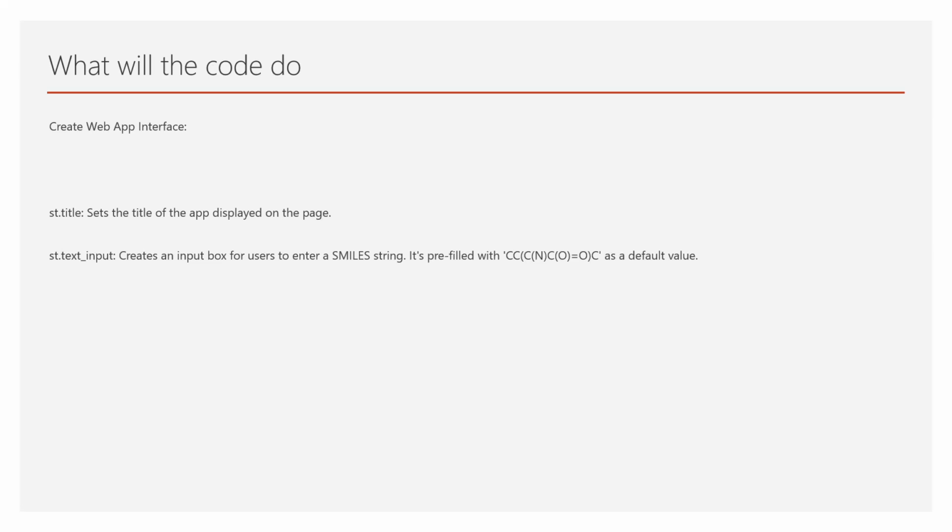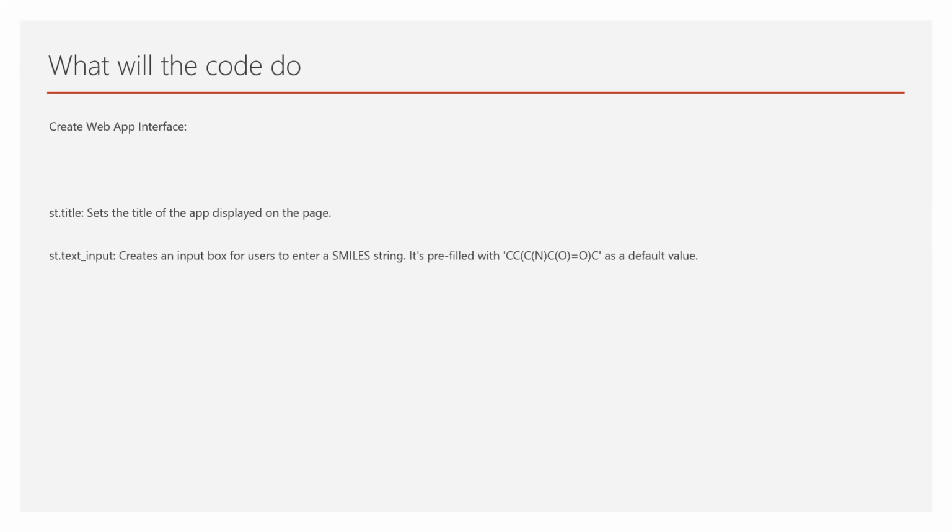So we'll create the web interface. What exactly it does: streamlit.title sets the title of the app displayed on the page. Then streamlit.text_input creates an input box for the user to enter a SMILES string. It's pre-filled with a compound, like we have passed in a particular compound.